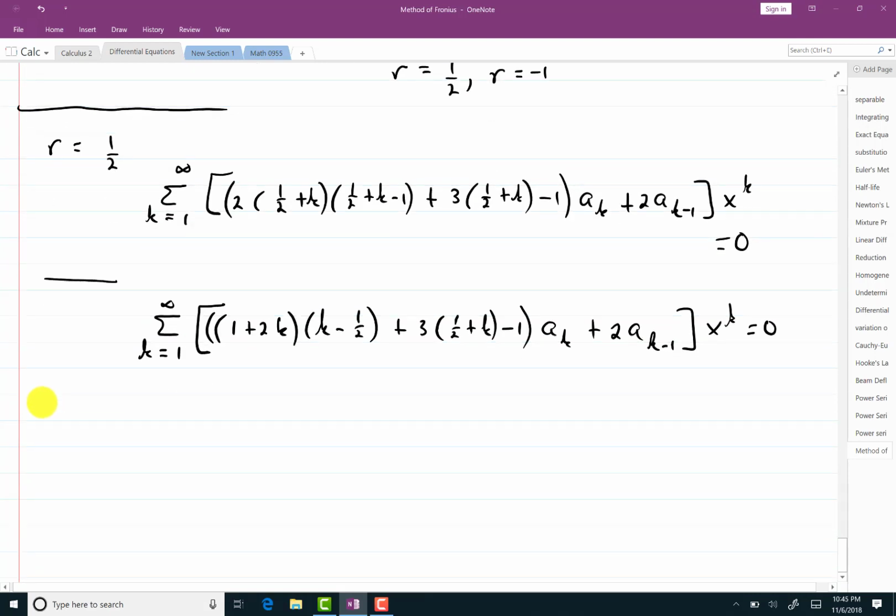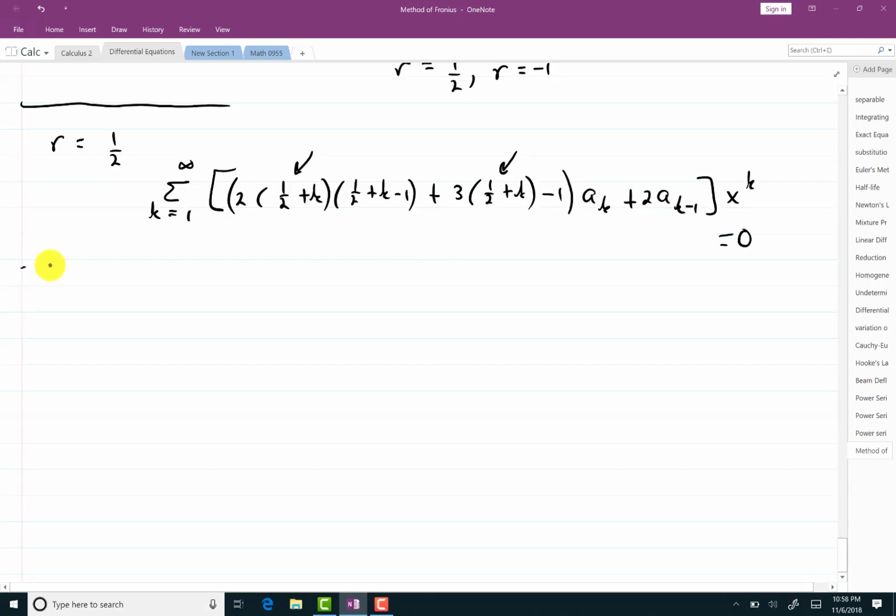Actually, you know what? When I look back at this right now, I think it might not have been a good idea to multiply the 2 through. I really didn't do anything except that and hoping that it would be easy. I think what I'm going to do is this. Let me take this out of here. I've just seen an opportunity for simplification that I didn't see initially.